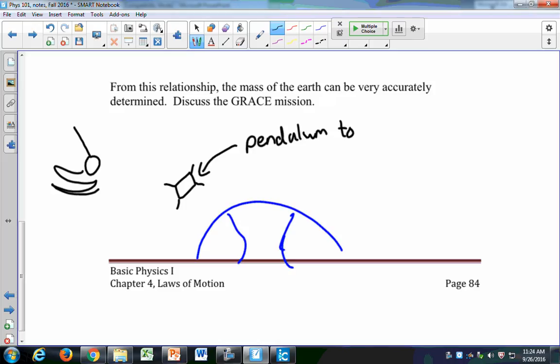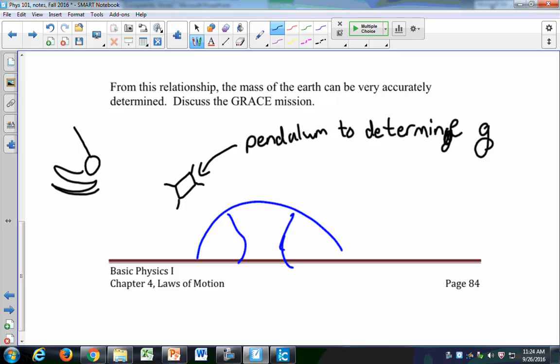You measure its period, and then you determine the acceleration due to gravity. So why would you want to determine the acceleration due to gravity as this satellite goes around the Earth? The acceleration due to gravity is dependent upon the mass and the radius of the Earth.